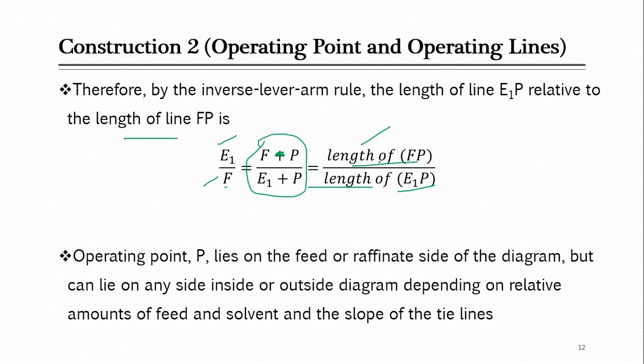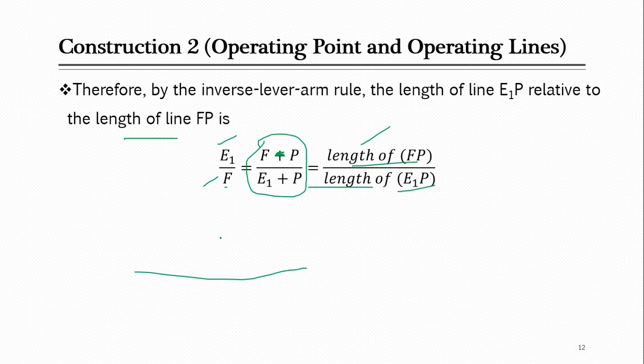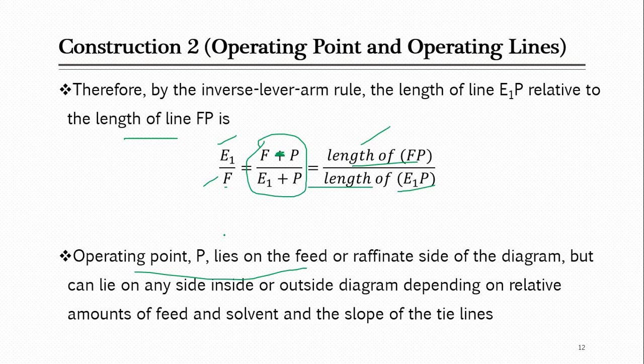Overall, the operating point P, as I told you, usually lies outside the triangular diagram, but it can lie at other points too. Suppose point P lies on the feed and raffinate side of the diagram.